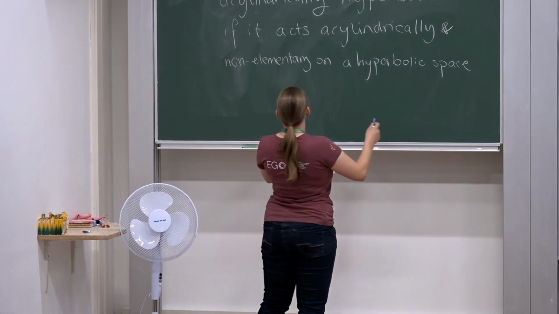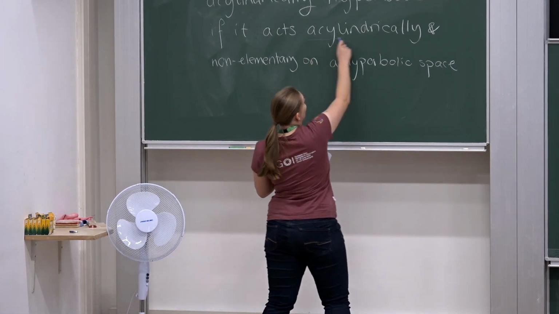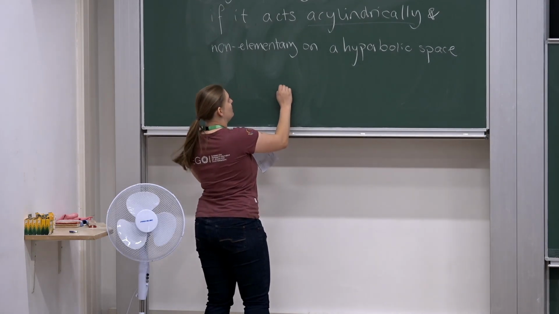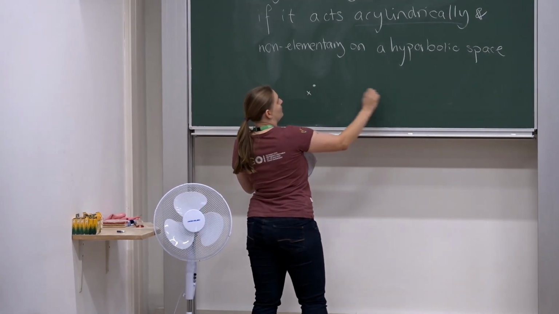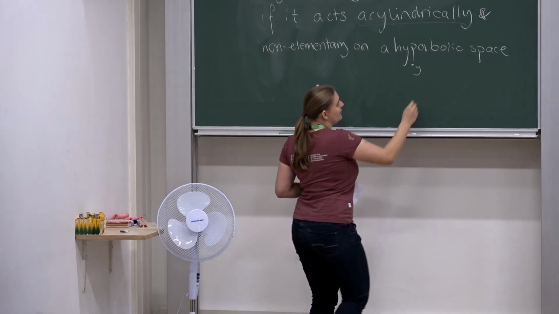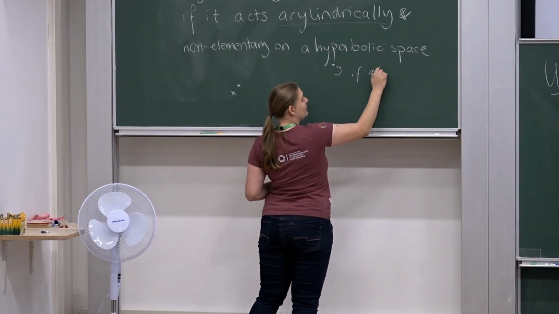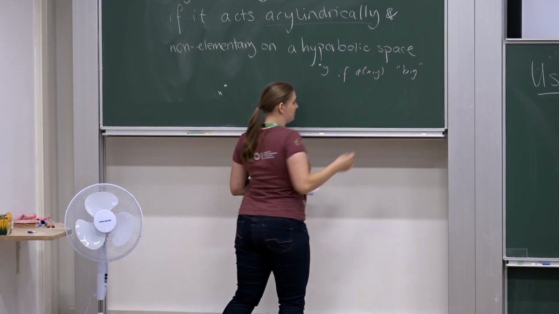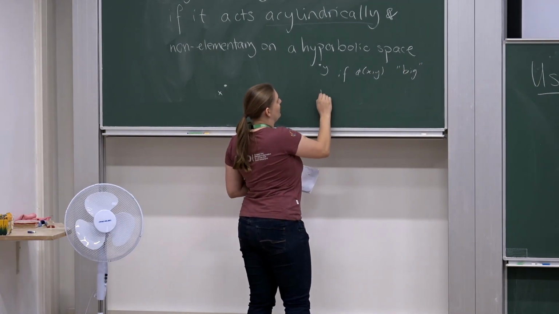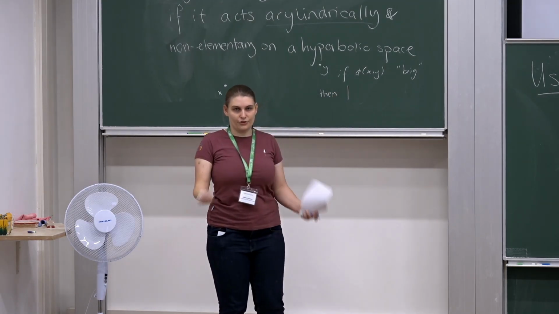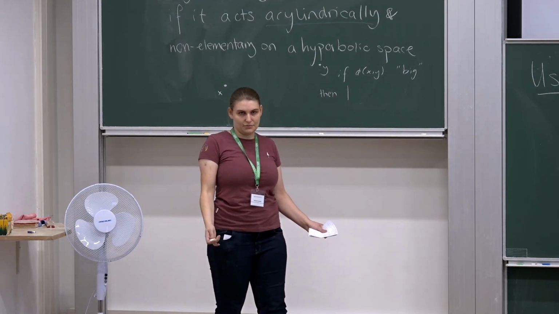So what does it mean to act acylindrically? Roughly speaking, it means that if we have 2 points, x and y, and if their distance is sufficiently large, then the intersection of their coarse stabilizers is sufficiently small.